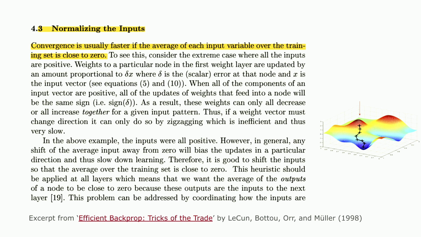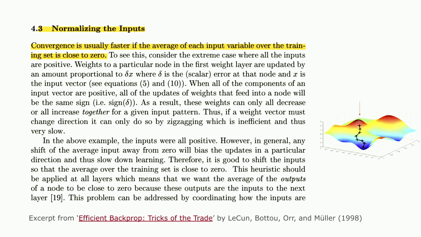This was popularized by a paper published in 1998 called Efficient Backprop. And in this paper you'll see a very detailed explanation about why centering the inputs around 0 speeds up the training.